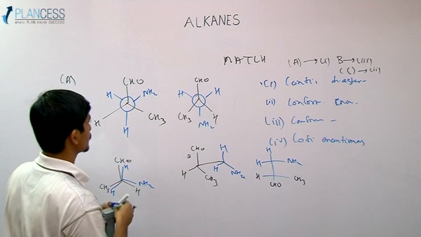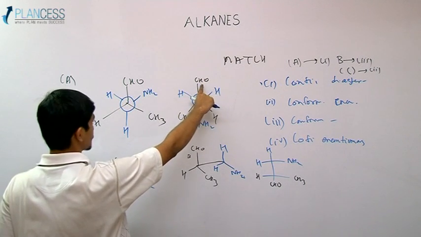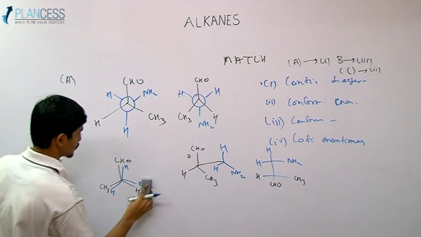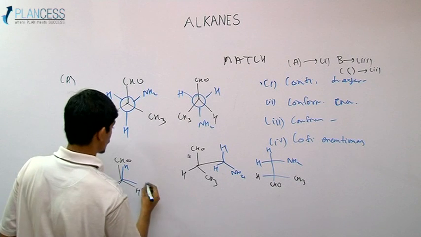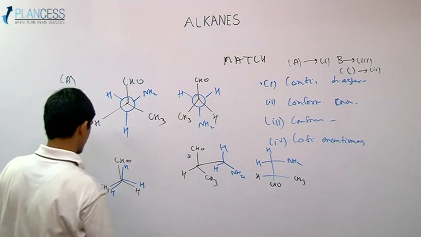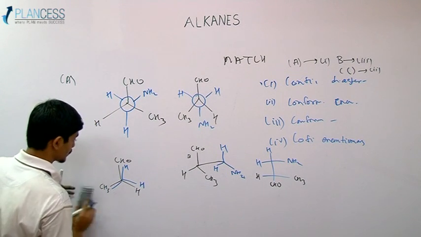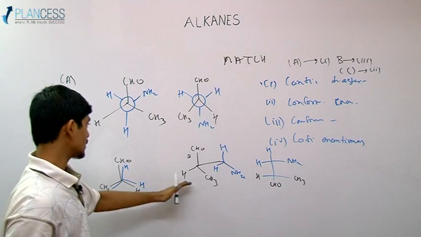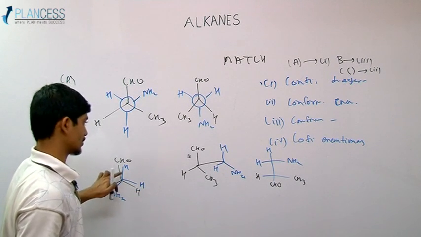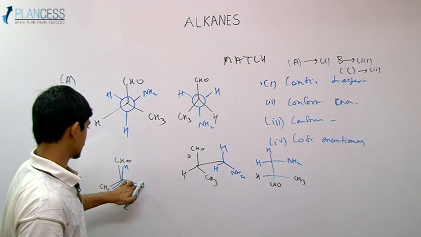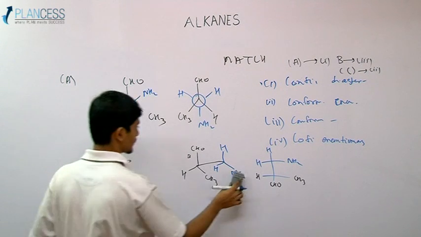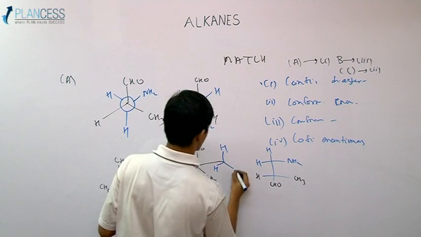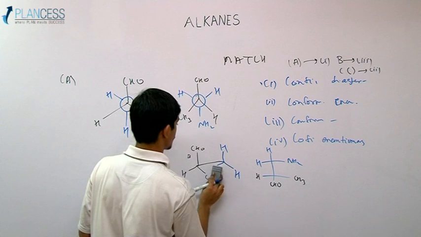What about the relative configurations? If we rotate, H corresponds with CHO, this H corresponds with this H, and this NH2 corresponds with CH3. So correspondingly we will make the changes over here. Here H is on the top, H is like this, and NH2 is coming over here.